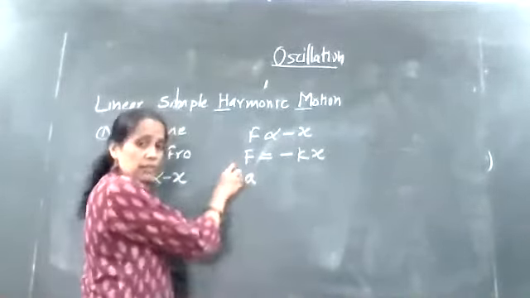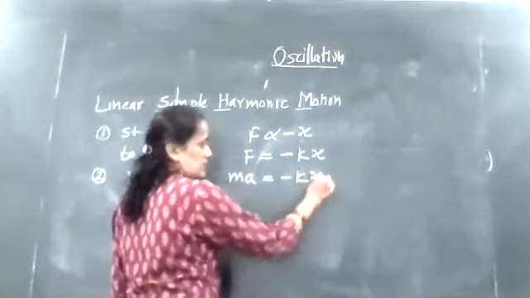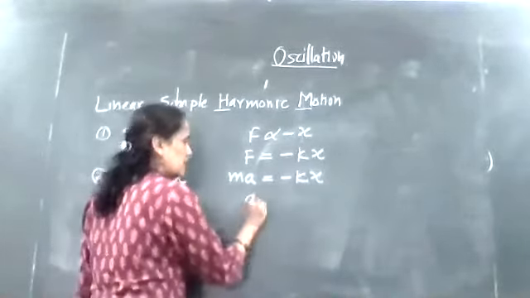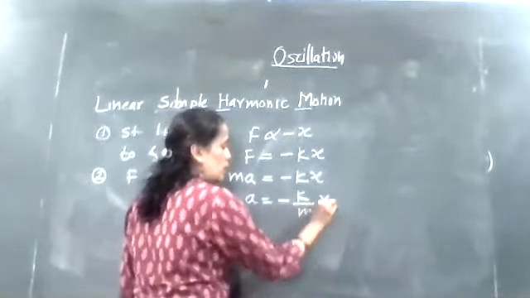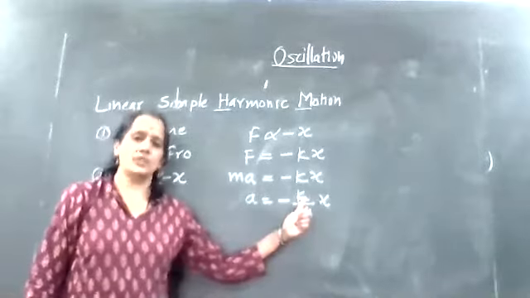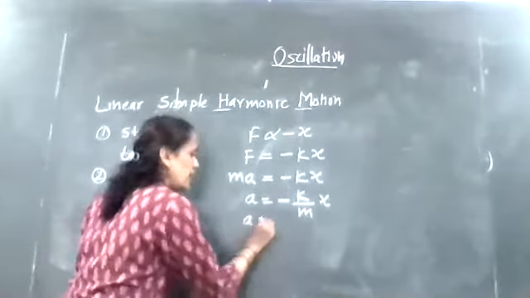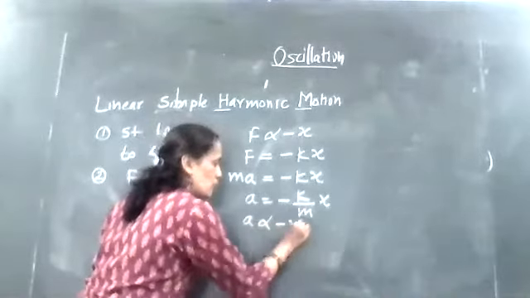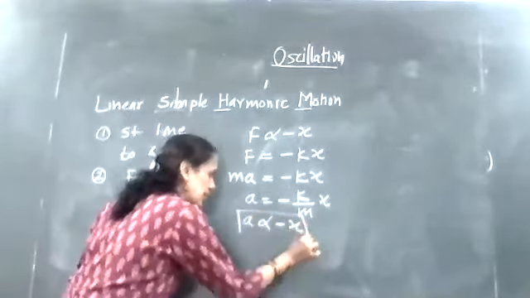So instead of F, I put mass times acceleration equals -kx. Therefore, acceleration equals -(k/m)x, where k is the force constant and mass is constant. In short, acceleration is directly proportional to displacement. That also gives us a definition of linear SHM.